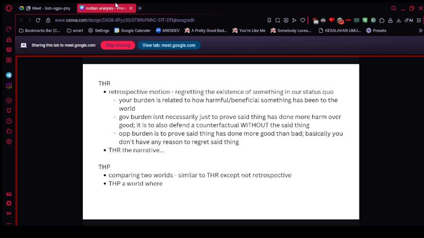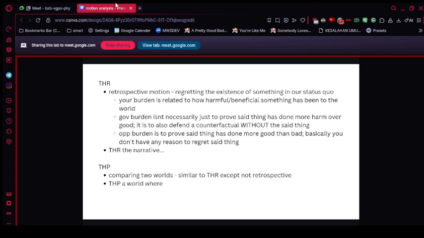And then what the opposition needs to do is provide a completely different counterfactual, a completely different world that either one, they defend the status quo, or two, if it's a very unique motion where they cannot defend the status quo, like fantasy motions for example, you defend a counterfactual that you make up yourself, but you mention why this is the most likely counterfactual for you to defend, right?